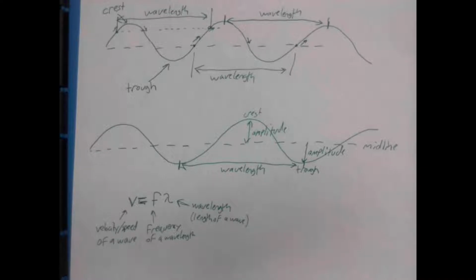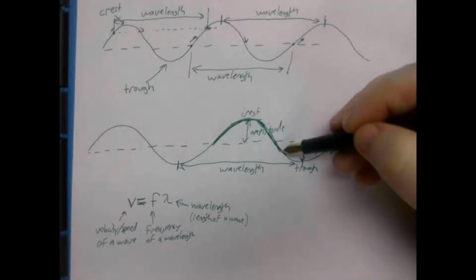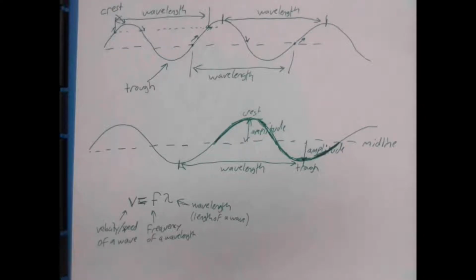Technically, by the way, this section right here is one wave. So this is exactly one wave, the length of a wavelength. So here we have one wave, another wave, and then a quarter of a wave. So this entire length is composed of 2.25 waves.